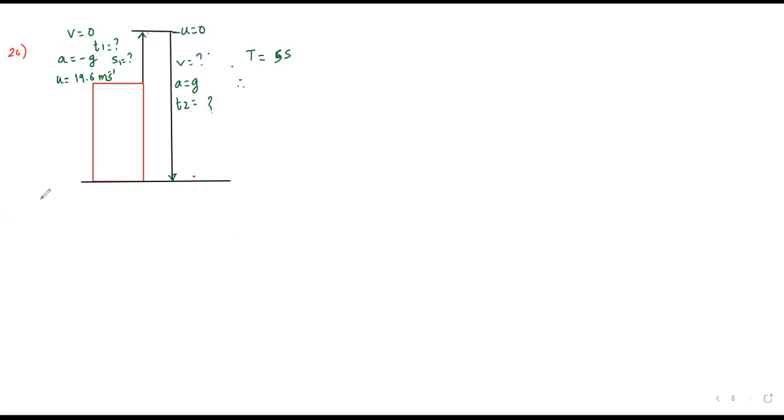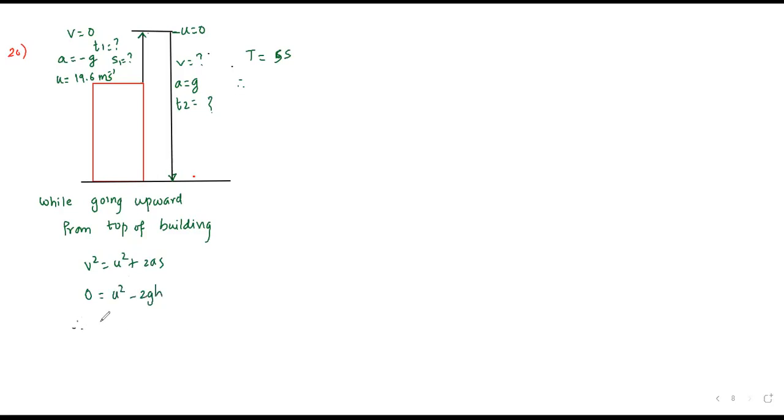So we write here while going upward from top of building. Right? So we write here v square is equal to u square plus 2as. This is 0 is equal to u square minus 2gh.